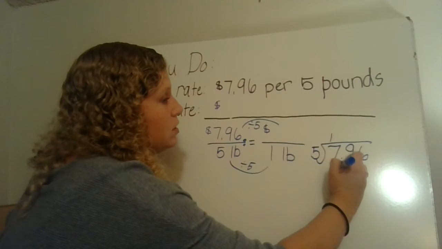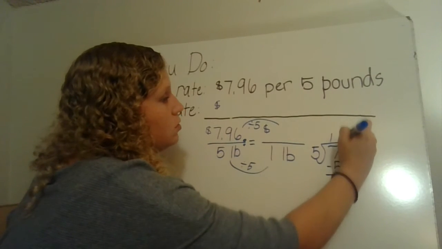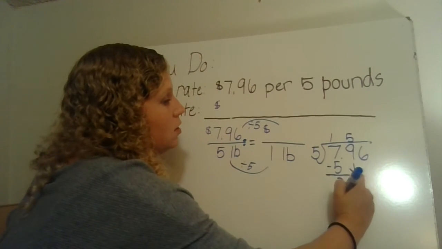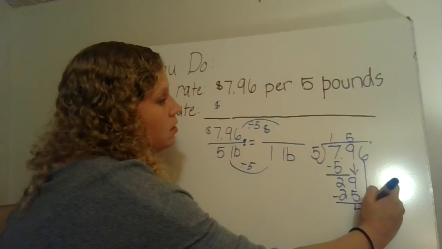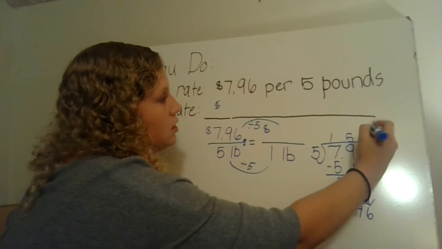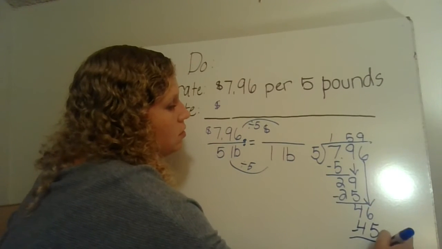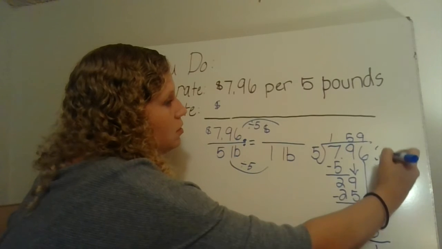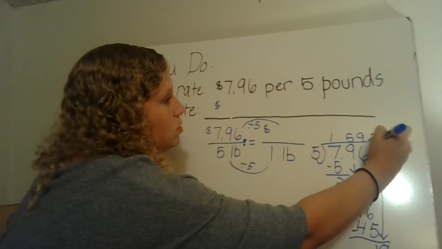5 goes into 7 one time. Subtract and you get 2. Bring down your 9. 5 goes into 29 5 times. Subtract, and you get 4. 5 goes into 46 9 times. Subtract, and you get 1. Bring down an invisible 0 here, and I see that 5 goes into 10 exactly 2 times.